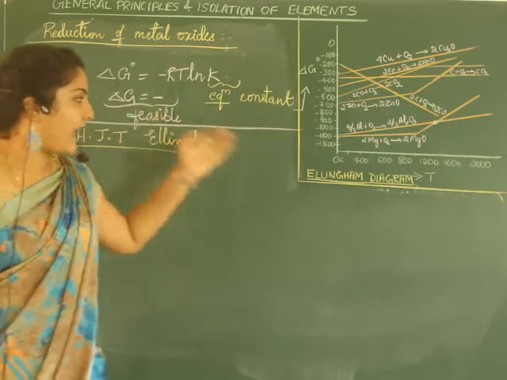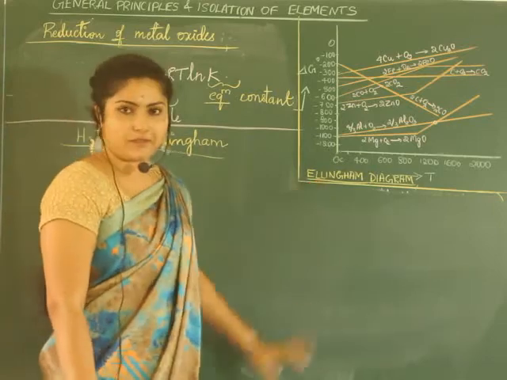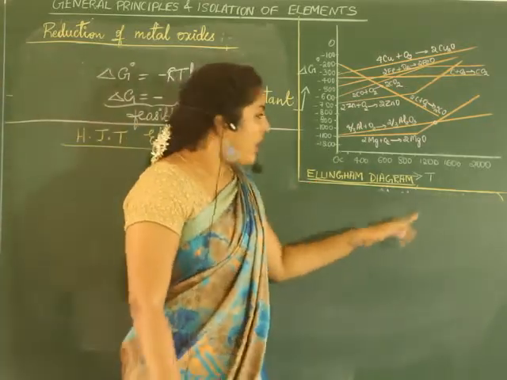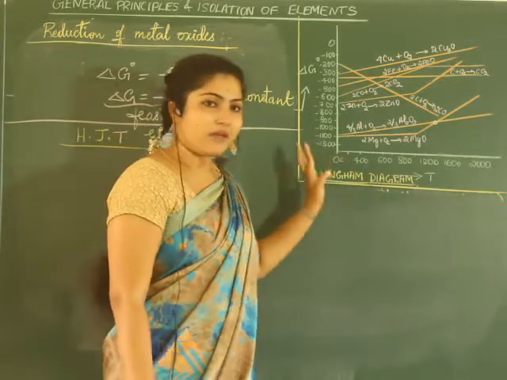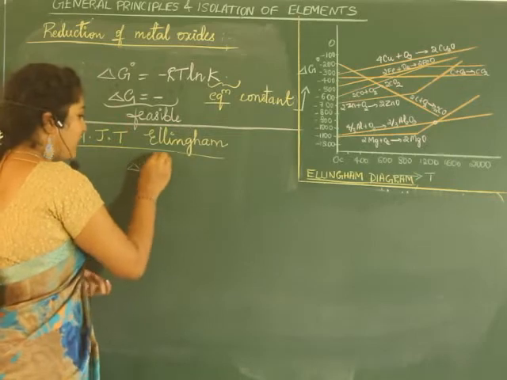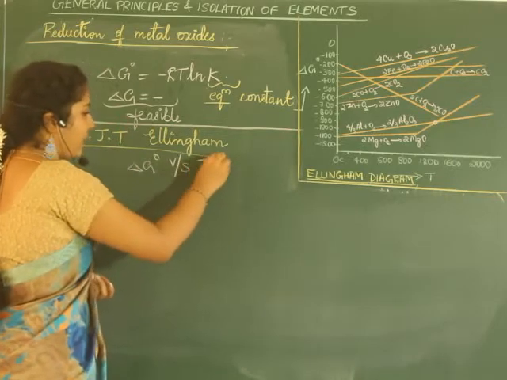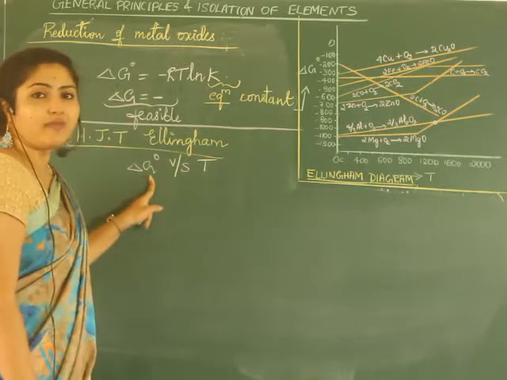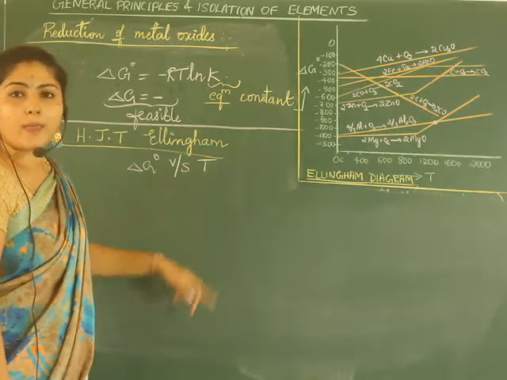And here we have this Ellingham diagram. In this Ellingham diagram, as you can see, the graph is of delta G naught versus temperature.